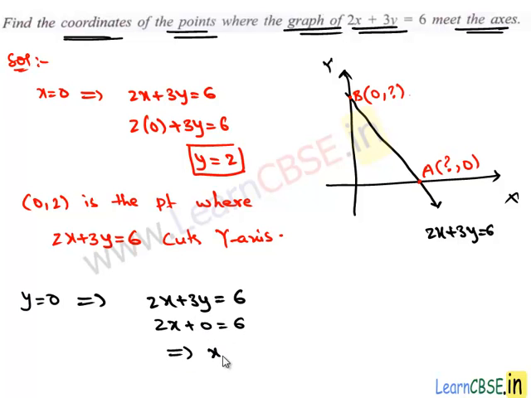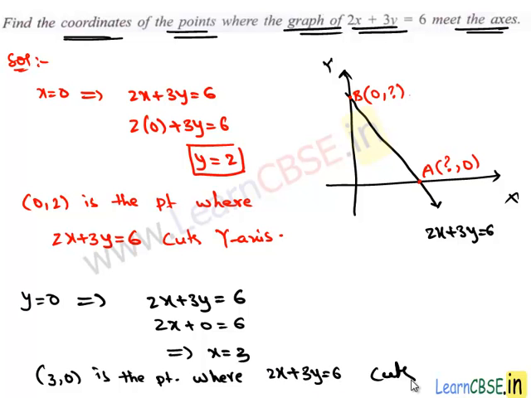That means the value of x is 3. Therefore, (3, 0) is the point where the graph of the equation 2x plus 3y is equal to 6 cuts the x-axis. And this completes our solution.